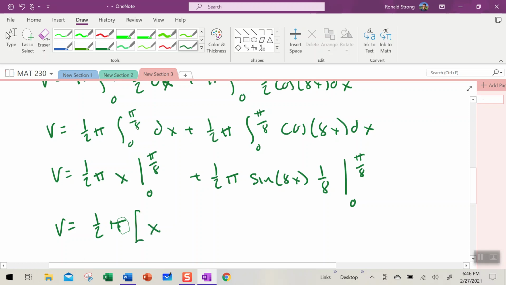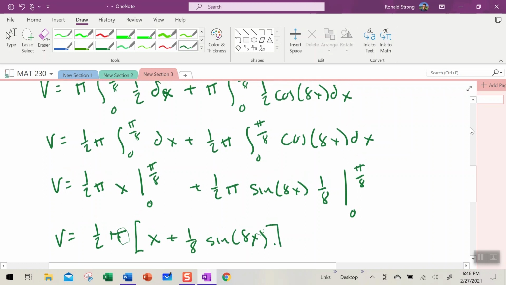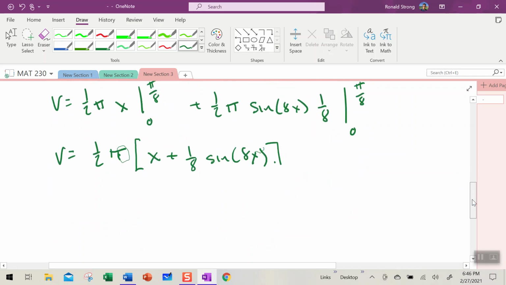We're going to have x plus the 1/8 sine of 8x, from 0 to pi over 8.